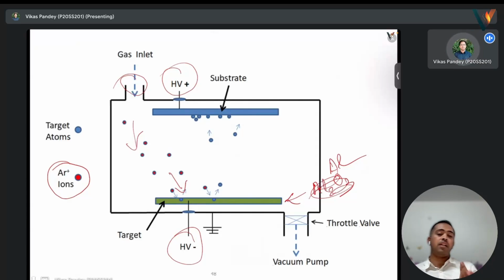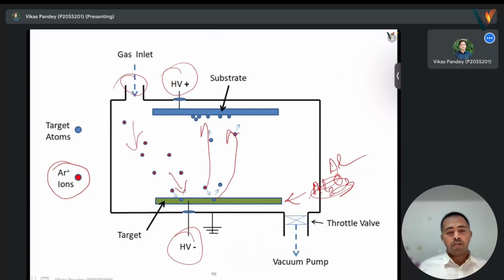Since the negative charge is there, it will get its electron. And then these materials, which are now electrically negative, will flow towards the positive electrode where we have put our substrate, say silicon, and they will get deposited there.